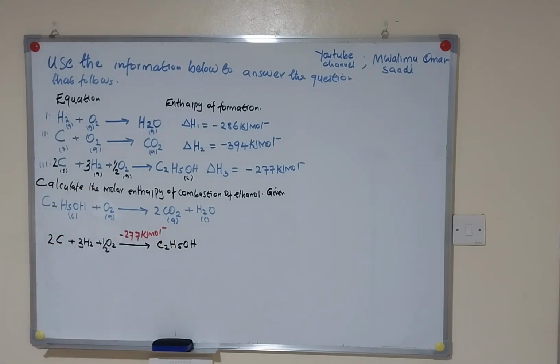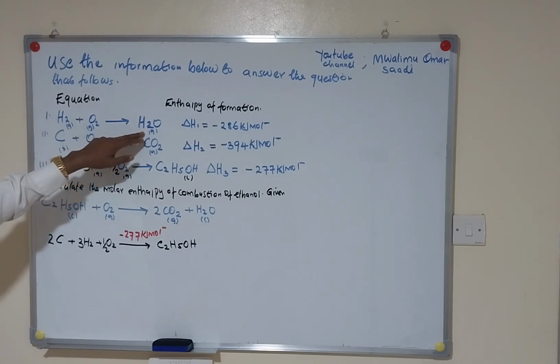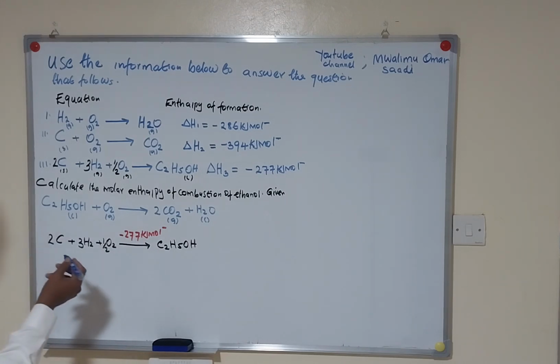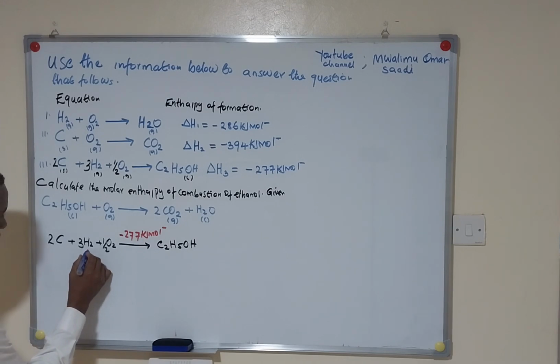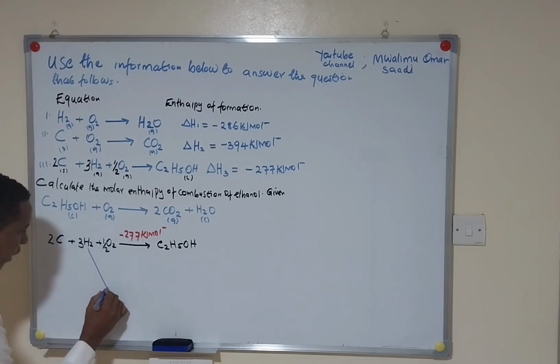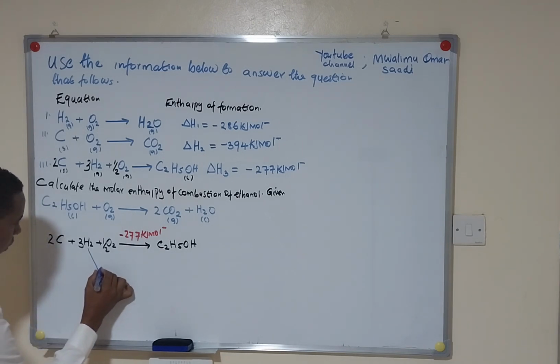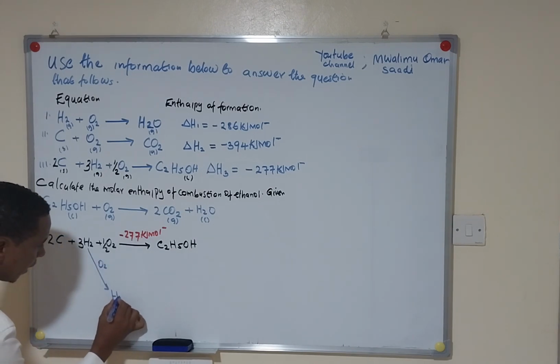Okay, from that, we again write the enthalpy of formation of water, that is the enthalpy of combustion of hydrogen, and carbon. So the enthalpy of combustion of hydrogen will be hydrogen plus oxygen will give us water.